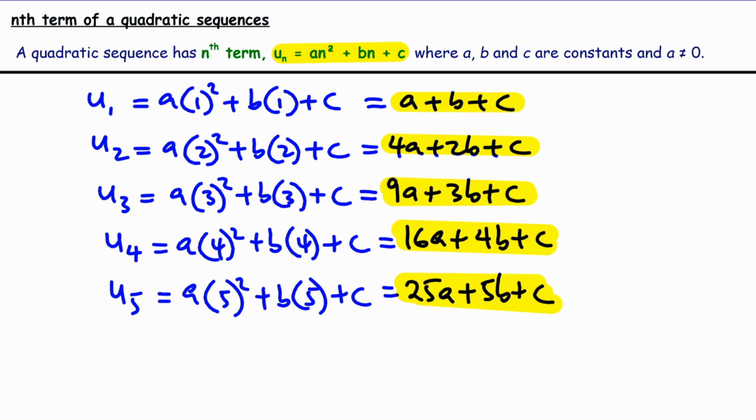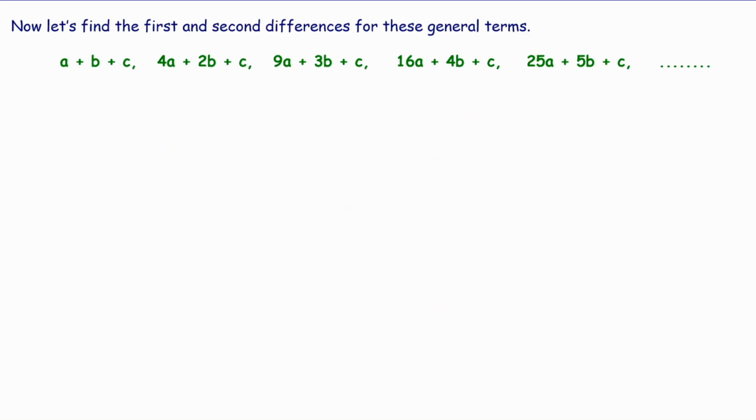Remember, we want to come up with a way to find the nth term of a quadratic sequence. These are the first 5 terms of the general quadratic sequence, and we want to use them to come up with a relationship that can help us find the nth term.